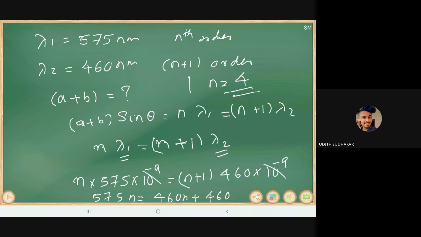Okay, now the angle is given, isn't it? Angle is not given. Sir, didn't you say 20 degree?